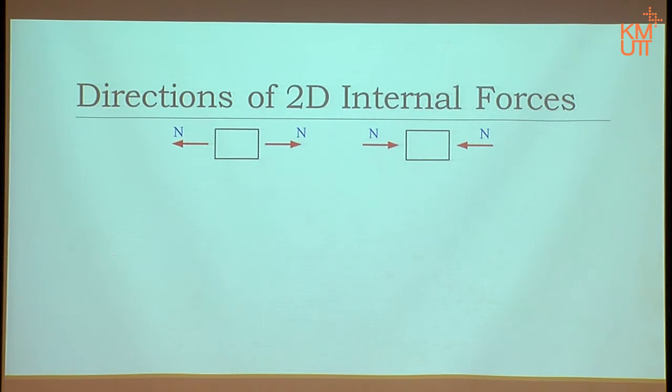Because the definition is that it must pull these two cross sections apart. So in this case, axial force will go this way instead, meaning on this line instead. Okay? So that one. The name is the axial force.